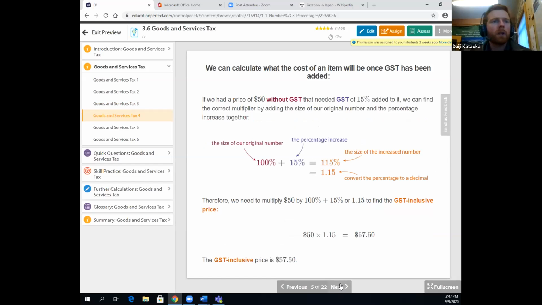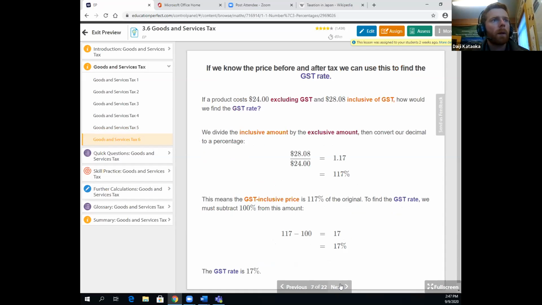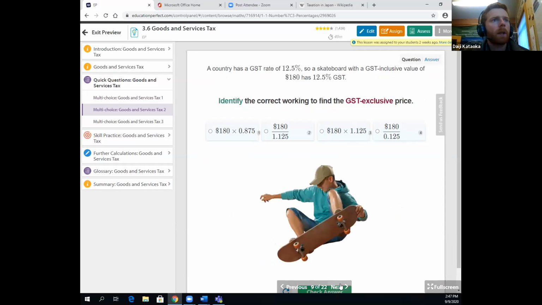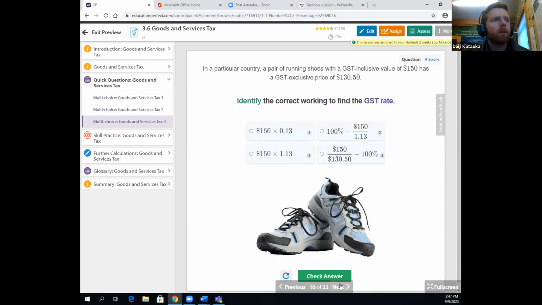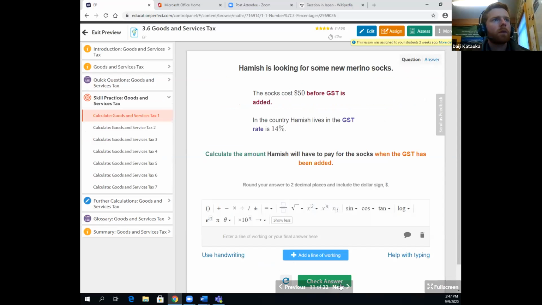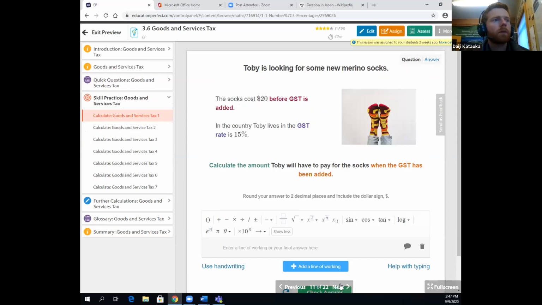Okay. Since we've already talked about this, I think you should know how to do it. Let's just go straight to the questions. Okay, what about this question here? The socks cost $20 before GST is added. In the country Toby lives, the GST rate is 15%.